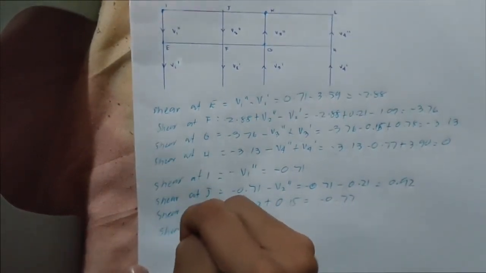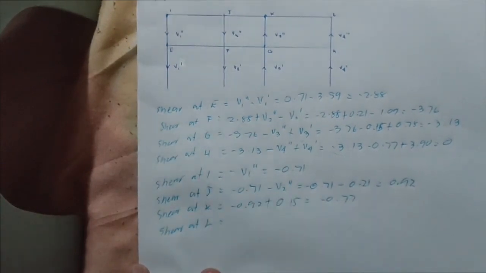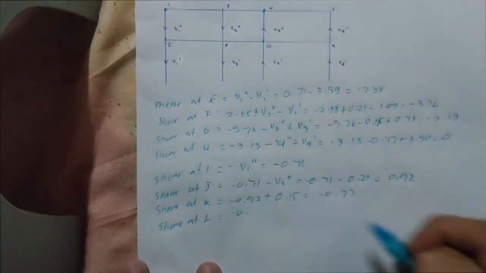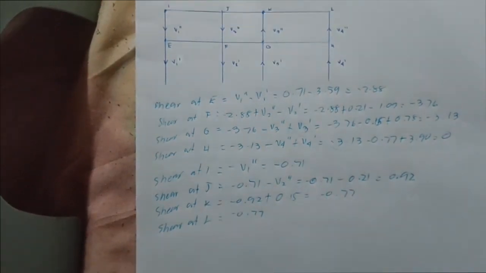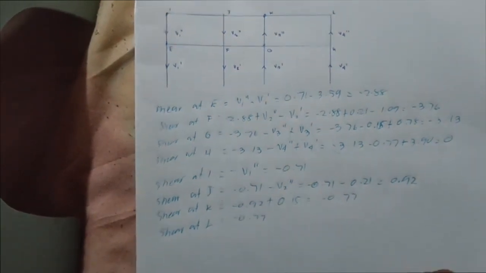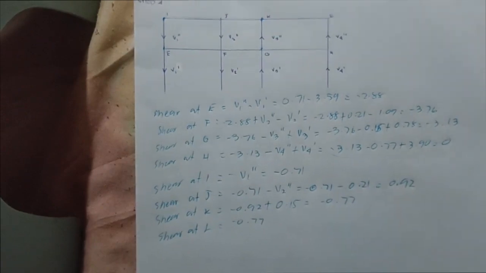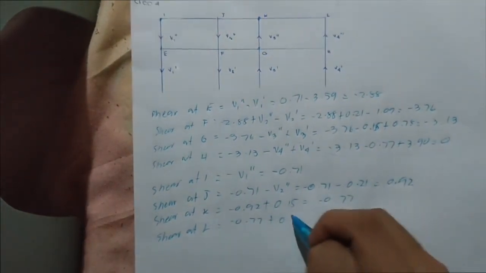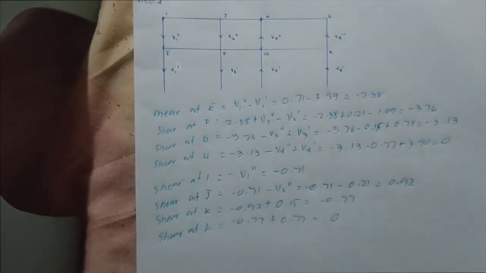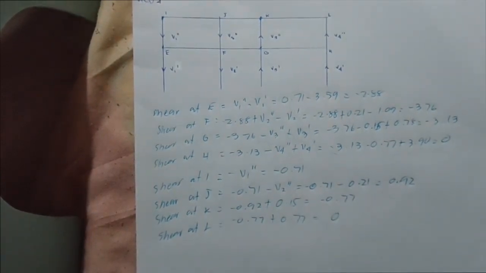Then shear at L is equal to negative 0.77. So shear at L, copy negative 0.77 plus V4 second floor, which is 0.77, is equal to 0.